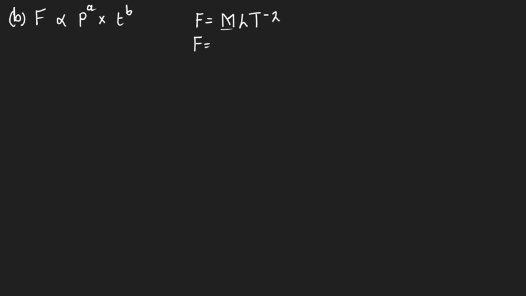Where there is m, I'm going to put the units for mass. Where there is L, I'm going to put the units for length, which is the meter. Then here I'm going to put s to the power negative 2, because that is the period. These are the units of force.